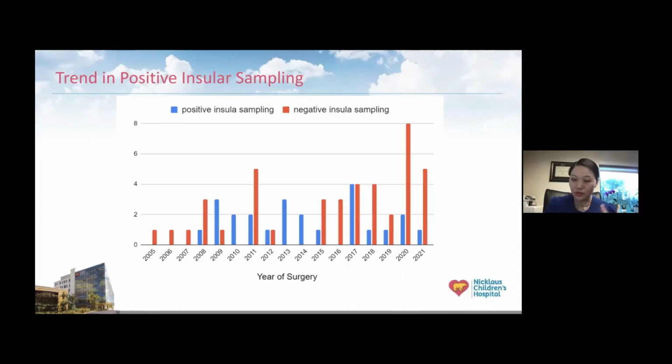We progress to insular sampling without much hesitancy now, especially as we introduced the SEEG technique in 2015. And as I've mentioned before, there are multiple different ways of sampling the insula with multiple different contacts through this approach.